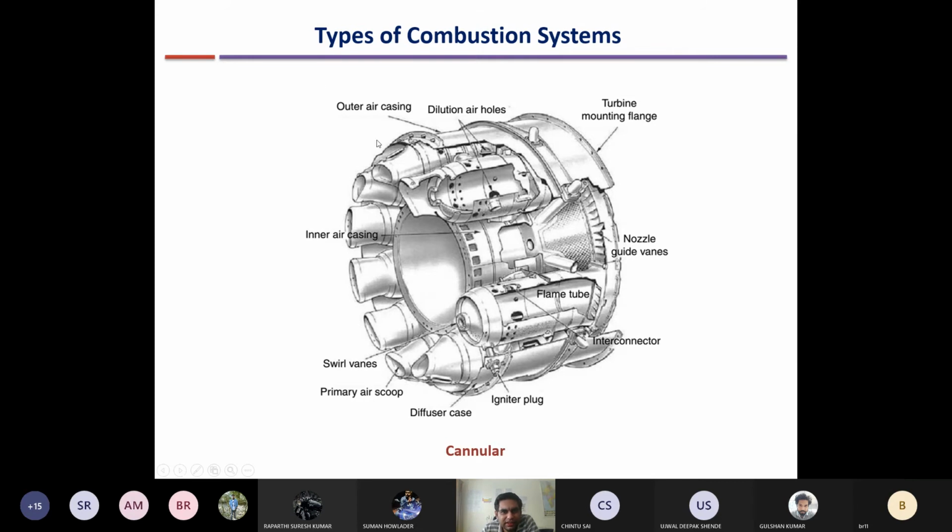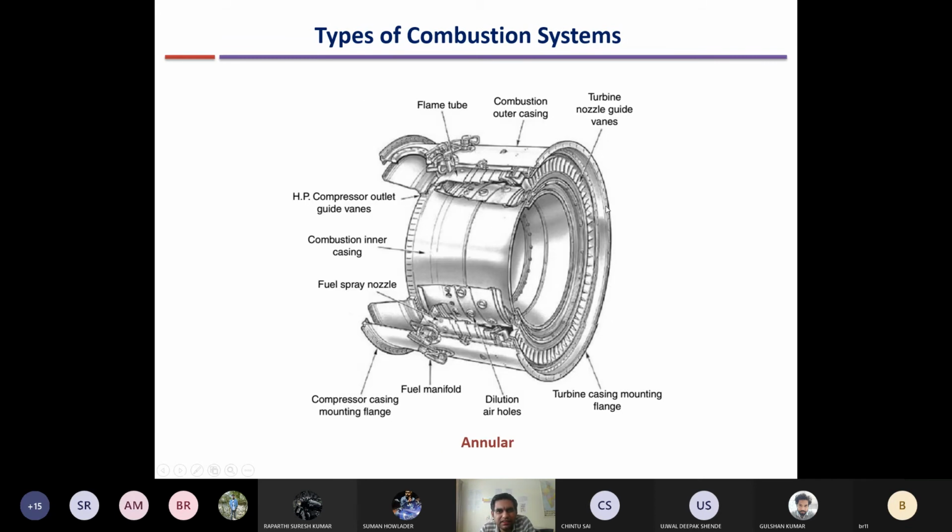You can see that the casing is the same, but the liners are different, with their secondary and primary holes, and otherwise it is similar. And this is the annular one. You can read more about this in the book by El Sayed Ahmed, just for the sake of curiosity.